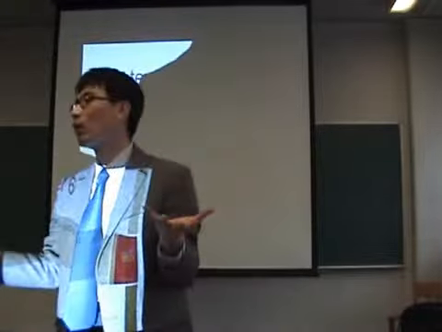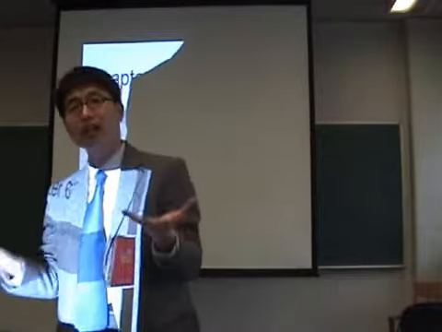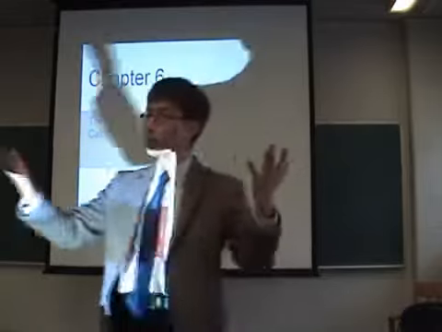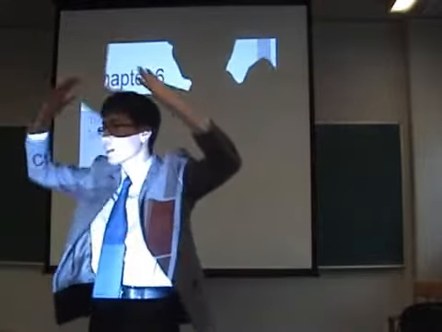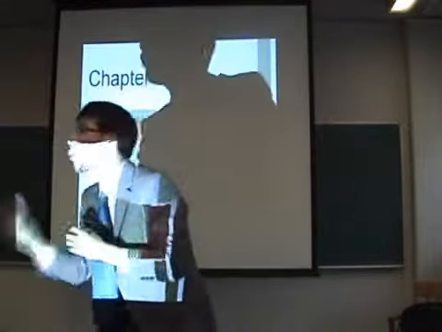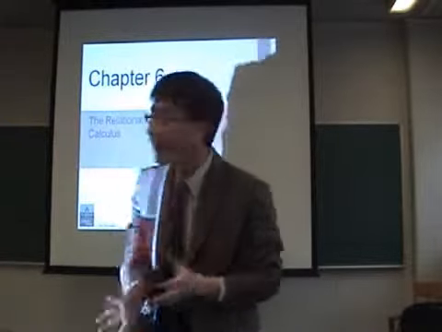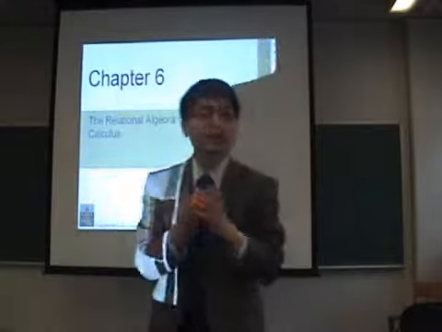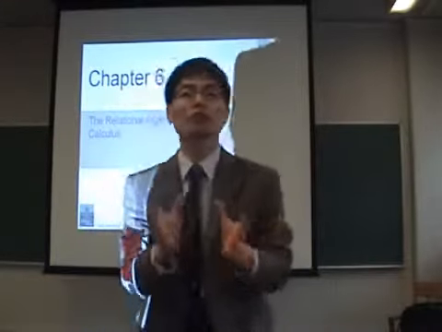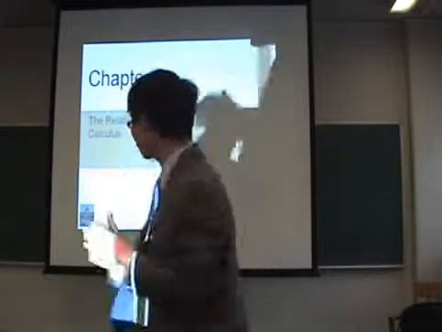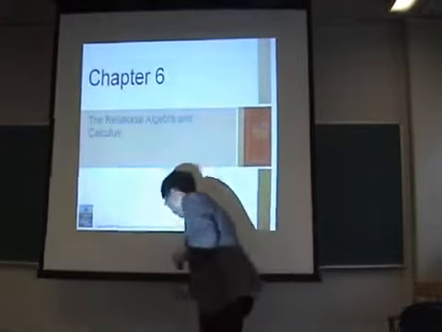Just like that, after you build a relational model database, there should be a way to access data. Relational algebra and calculus show how to access the data. So relational algebra first.